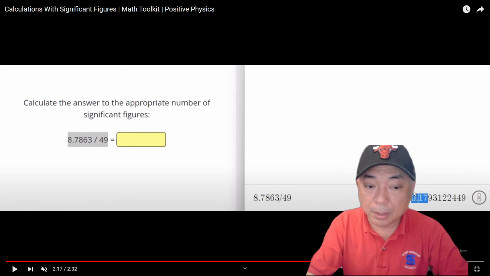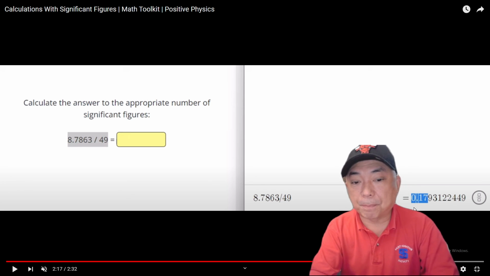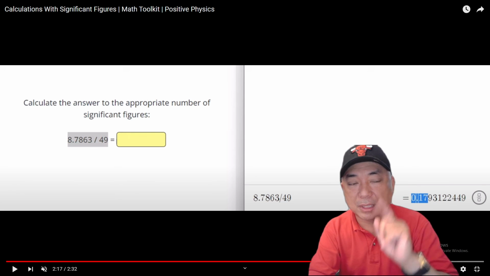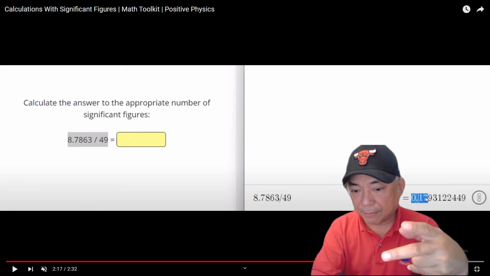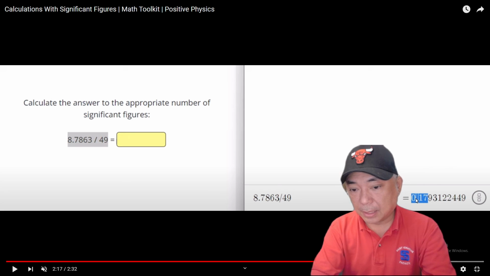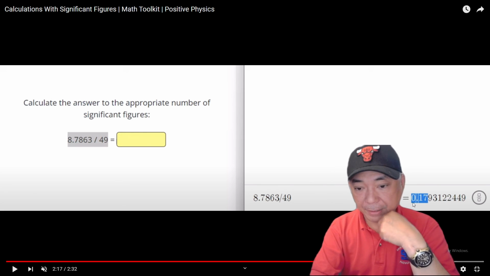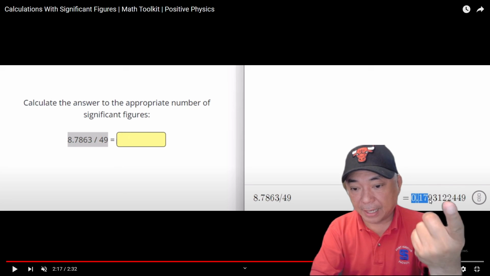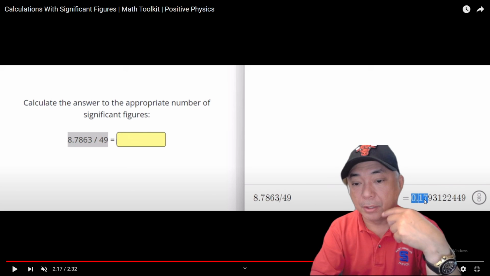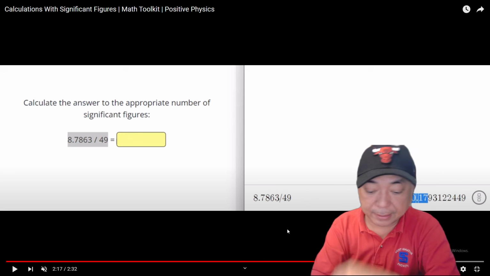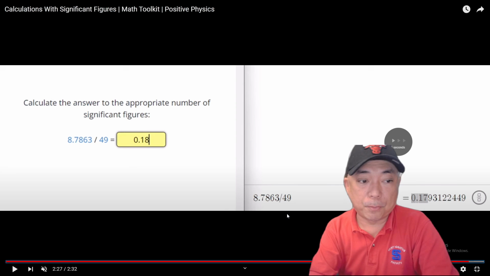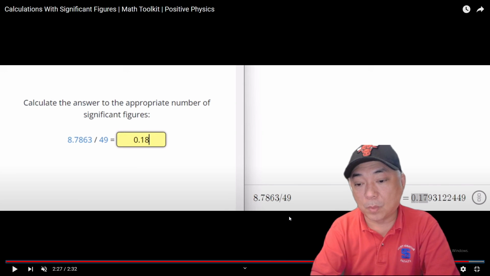So we have to simplify it to only 2 significant figures. The 2 significant figures here are 1 and 7. 0 is a leading 0, therefore not significant. And 9 here is a number more than 5, so we round up 7 and bump it up to 8. So the answer should be 0.18, and let us see if it is 0.18. And 0.18 is the answer.